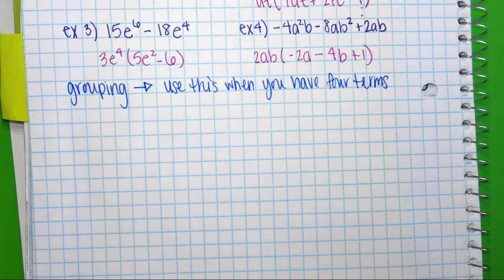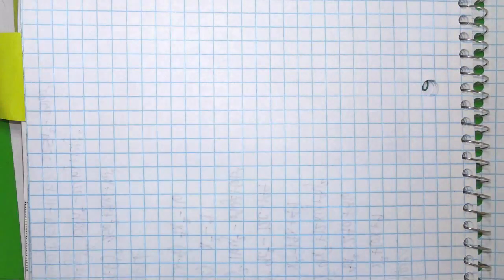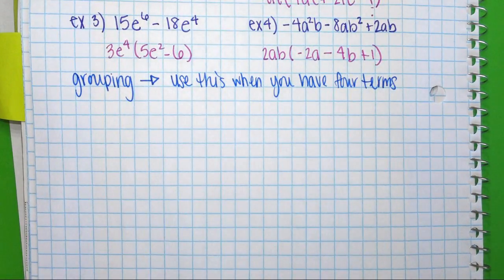Who remembers the first thing we do in that? Look back at your foldable, the one that says common binomial factor. It's the bottom of the yellow. What did we do first?